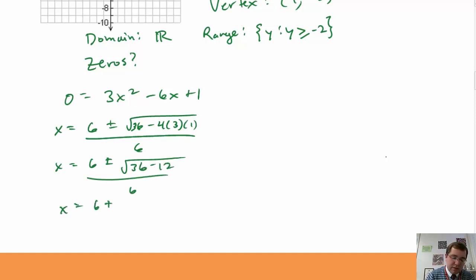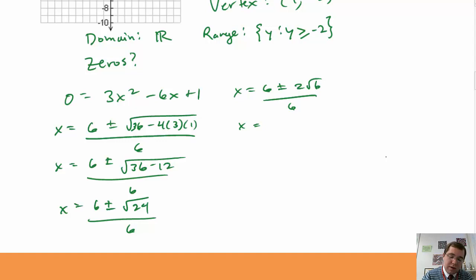So x equals 6 plus or minus the square root of 24 all over 6. Square root of 24 is the square root of 4 times the square root of 6, so that's 2 square root of 6 all over 6. Cancel the 2 out of everything, gives me 3 plus or minus square root of 6 over 3.